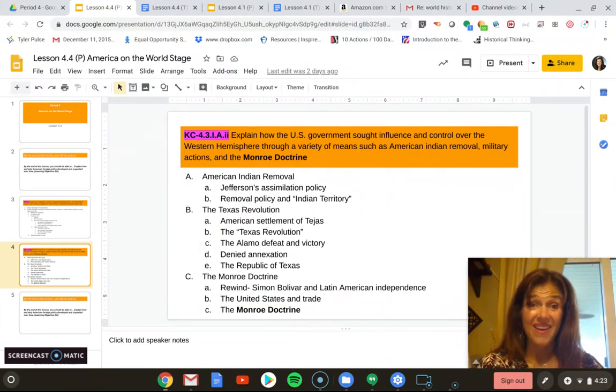Congress denies statehood, out of fear of war with Mexico, and because northern states did not want more southern states to have slavery. It would upset the balance. So the annexation of Texas is put on hold, and Texas remains the Lone Star Republic, the only state to have been an independent nation first.